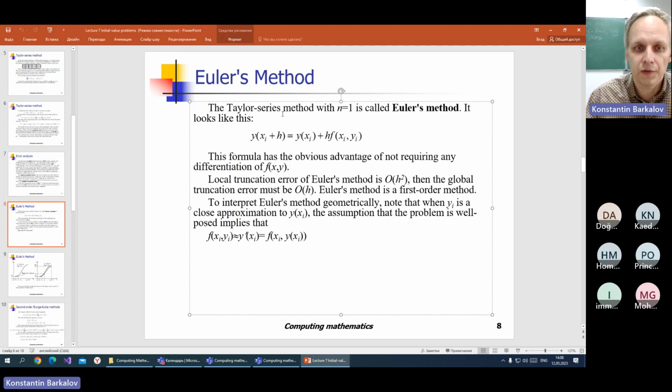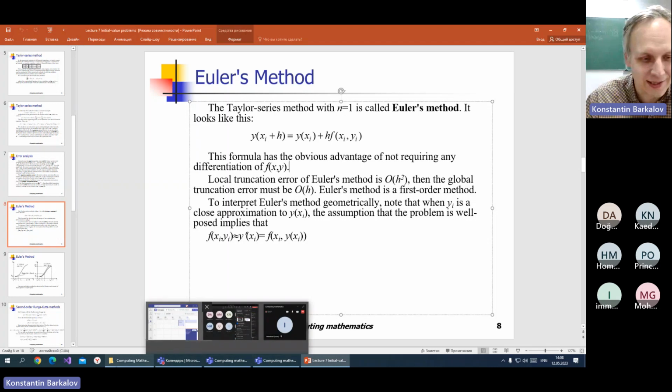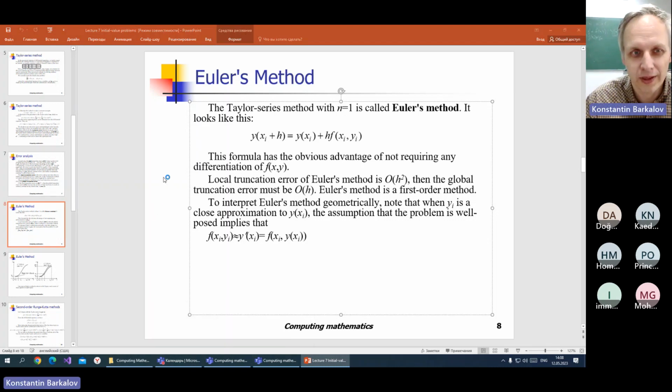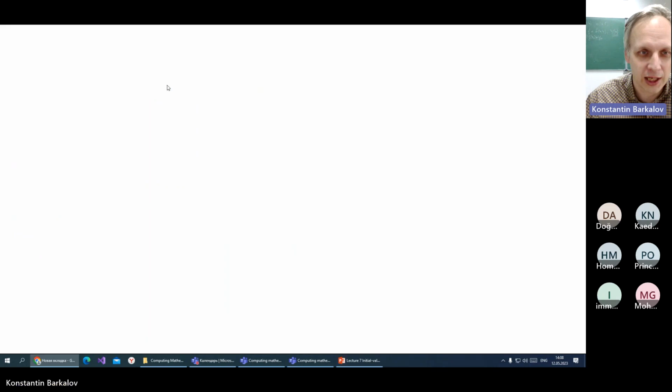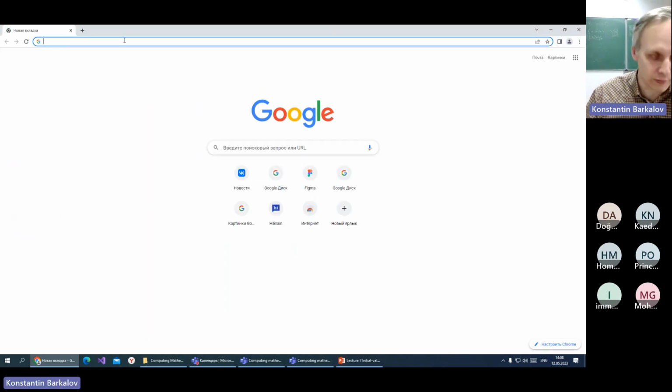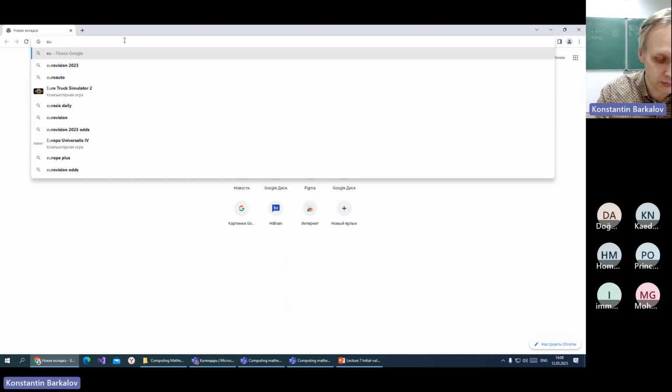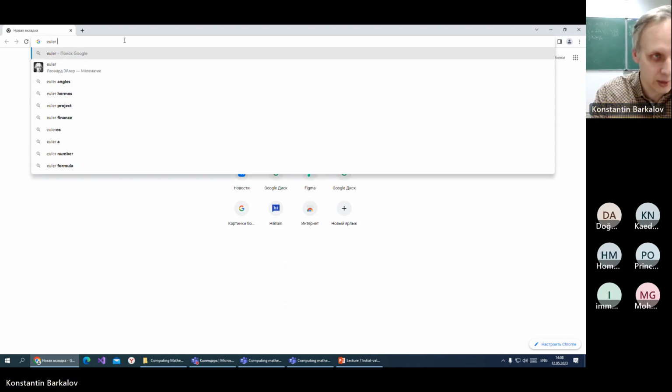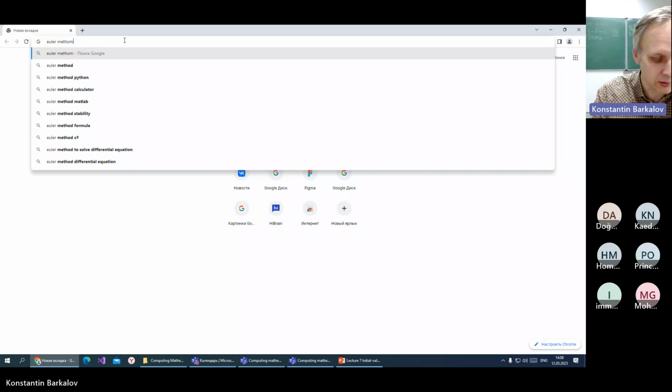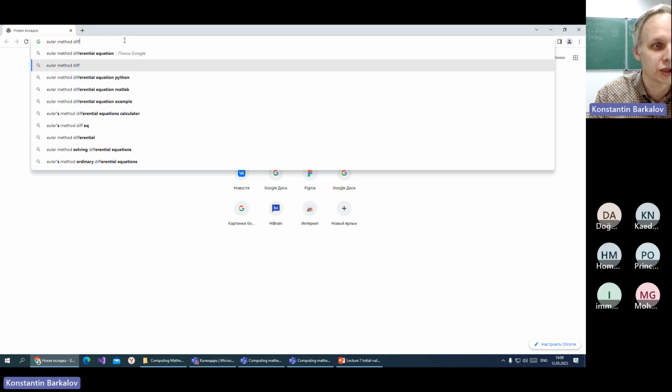Please write this formula on your pen and paper, or if you forget this formula, you can just type in Google: Euler method for differential equation.